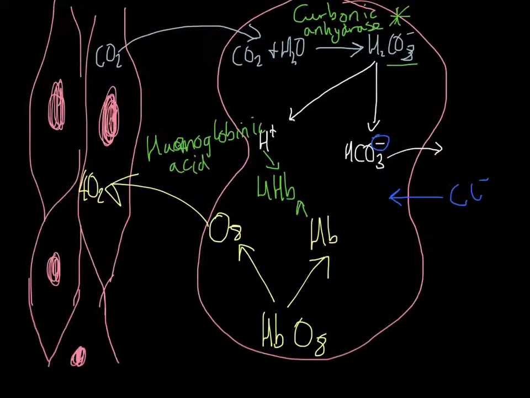Because this hemoglobin molecule has taken up a hydrogen ion, we say that it is acting as a buffer, and that is really important. A buffer is a compound that helps to maintain a constant pH, and as I've said before, this is to ensure that the protein structure of the hemoglobin is maintained.